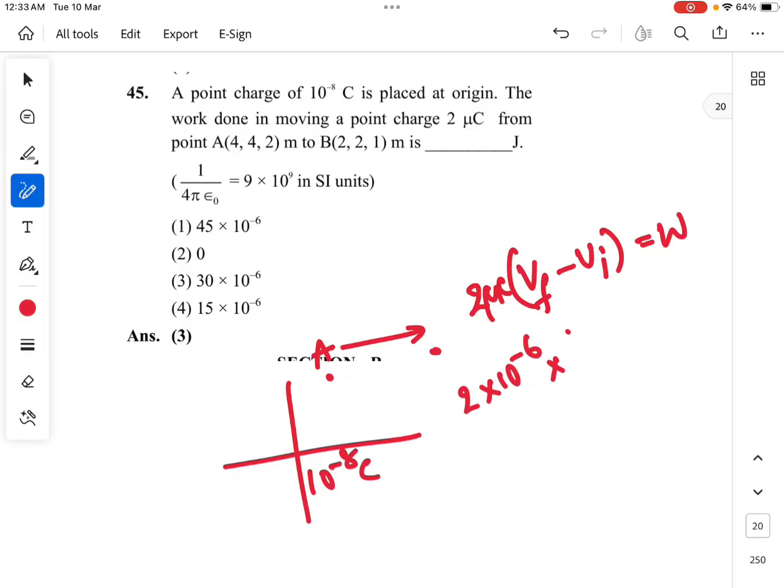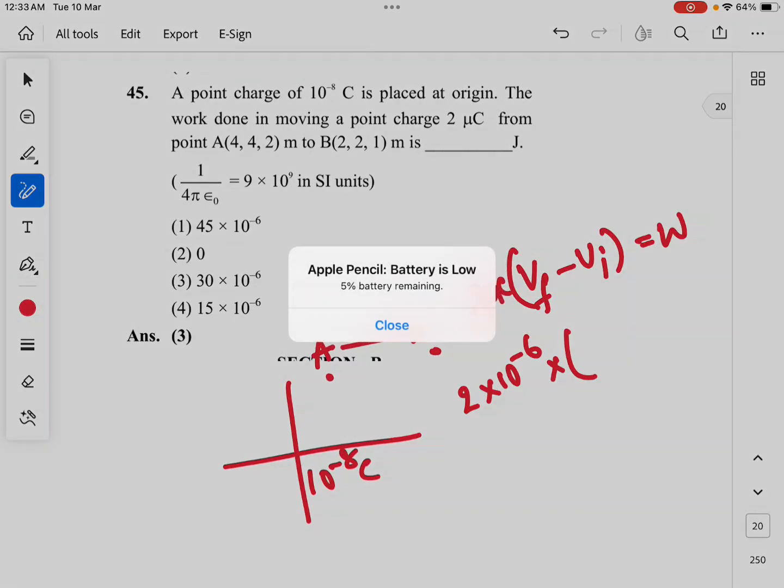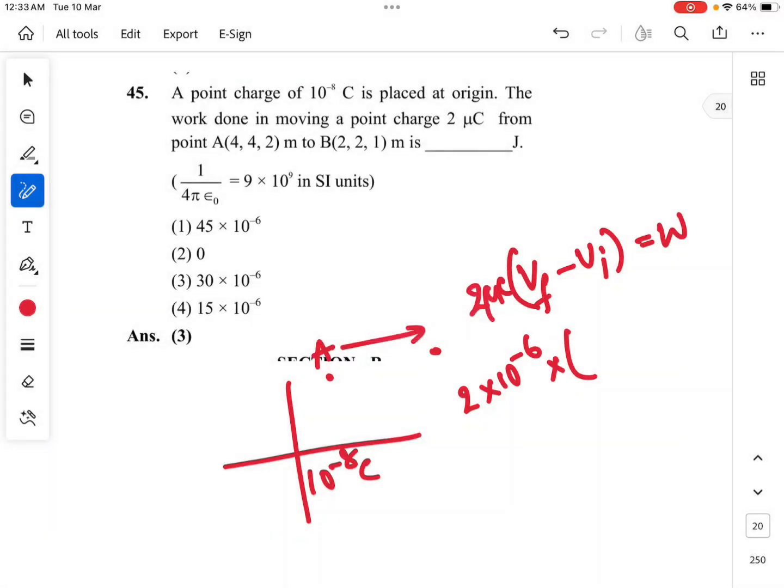So 2 into 10 power minus 6 multiplied by Vf. How will you find Vf? Kq by R. K is 9 into 10 power 9. Q is 10 power minus 8, by R, which is the root of 4 square plus 4 square plus 2 square. 16 plus 16 plus 4, that is 36.